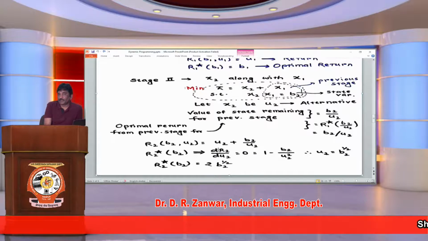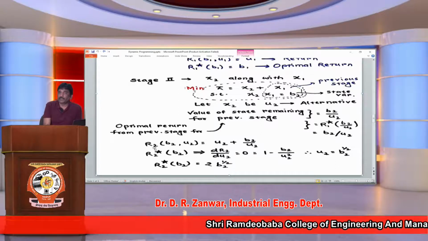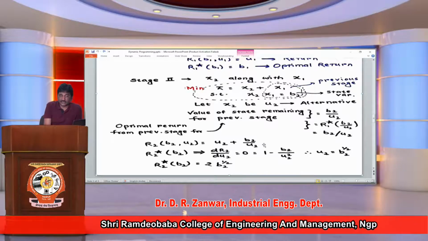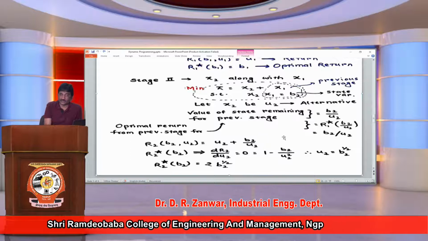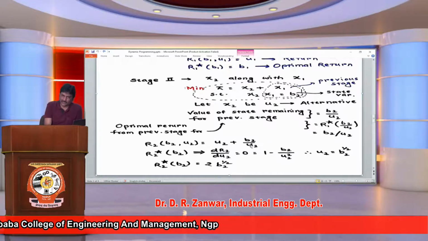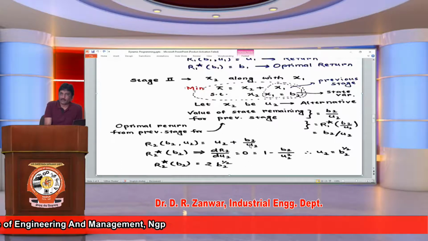Otherwise we have to go for the second differentiation and establish that the u2 obtained gives us the minimum value. I hope you understand the risk of using differentiation here. There could be other approaches of finding u2 that give the minimum value of the return function, but we are using differentiation here.